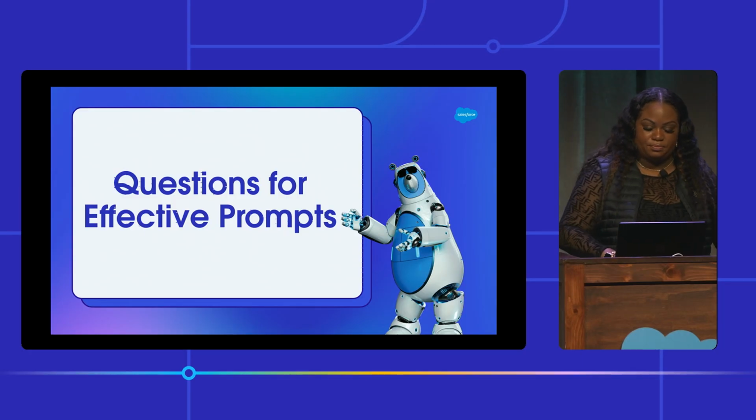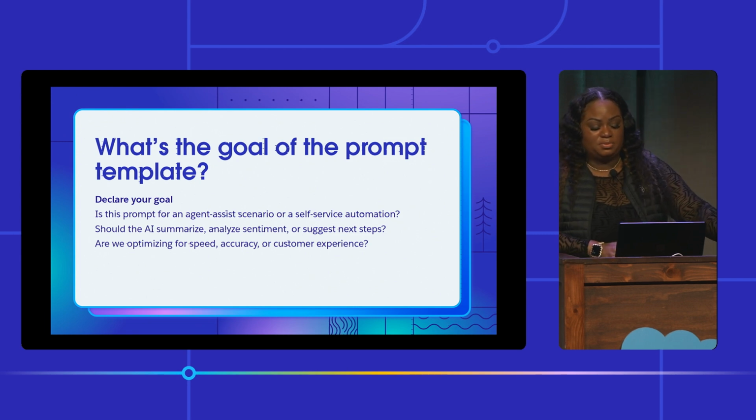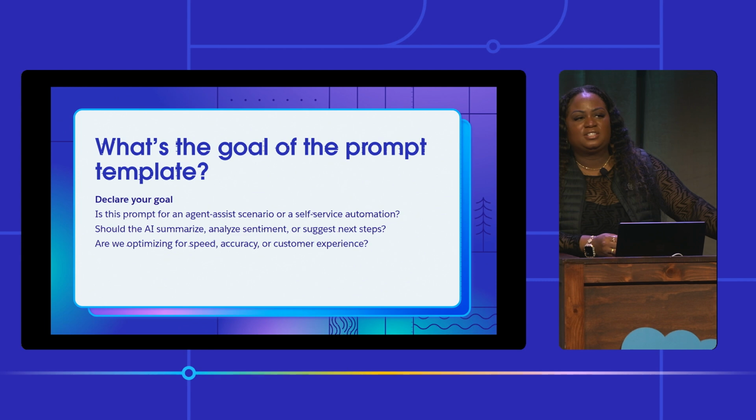All right, effective prompts, effective questions for your prompts. So really, what's the goal of the prompt template, right? I like to always say you start with what you want first. What is the goal that you're trying to reach? When you're building out this prompt template, what do you want from it? So you want to start there.